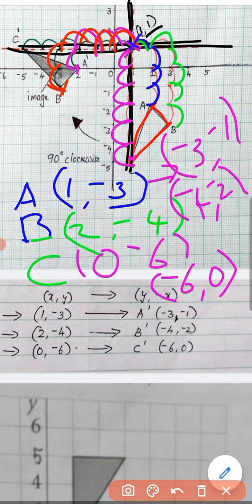So 1, 2, 3, 4, 5, 6. This is C dash. Now join these points: A dash B dash, A dash C dash and C dash B dash. This is our image.